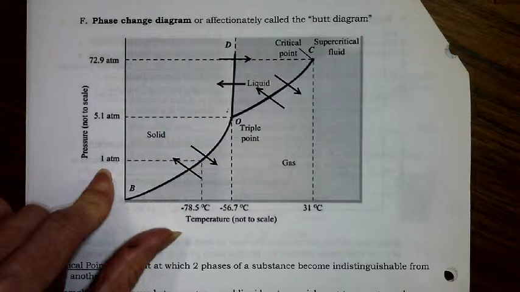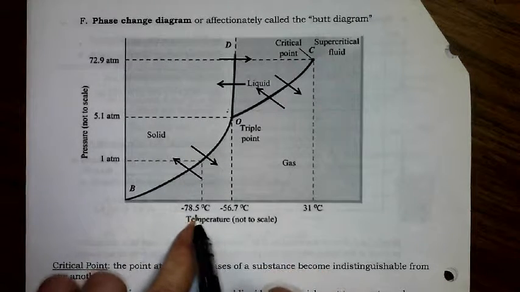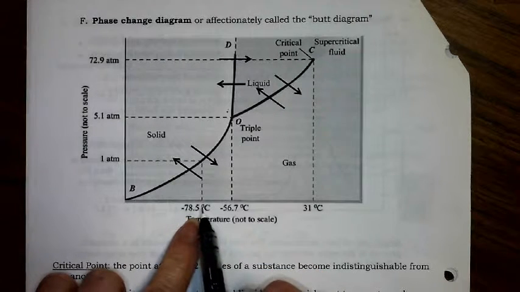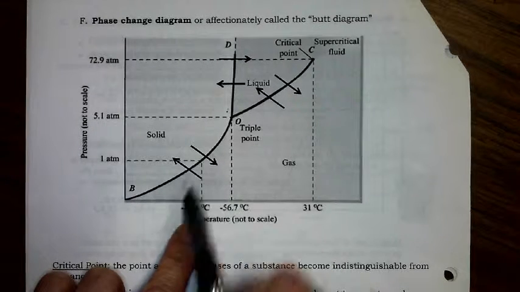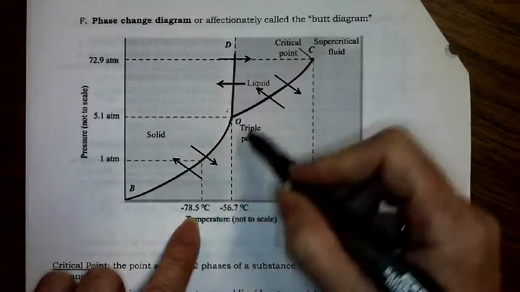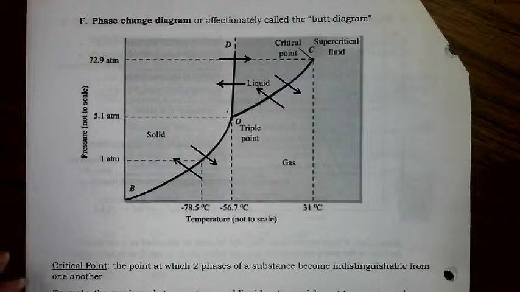So if we were to look at, let's say we're at minus 78.5 degrees Celsius. So we'd go over to minus 78.5 degrees Celsius. And then it says, what if we're at 1 atmosphere? We would be right on this line. So what these lines do is they separate the 3 phases of a substance.